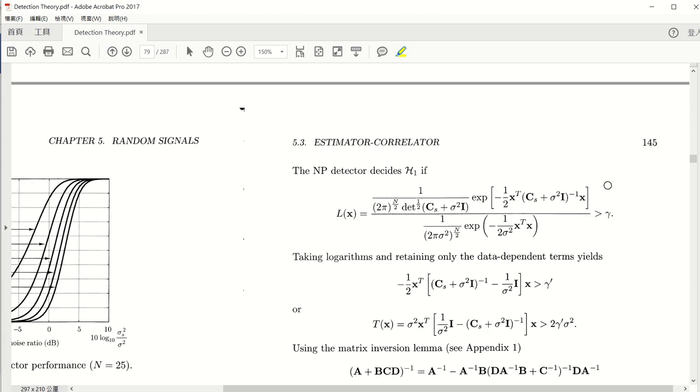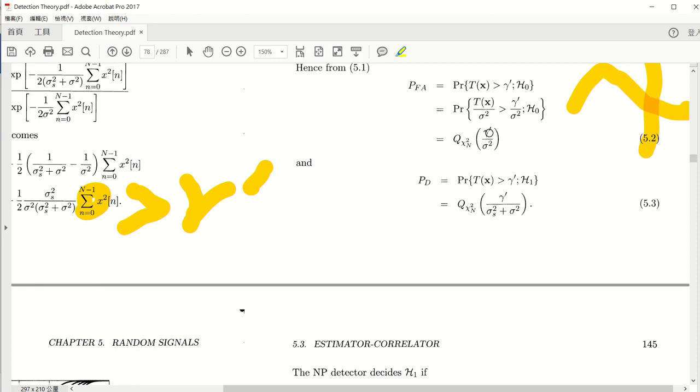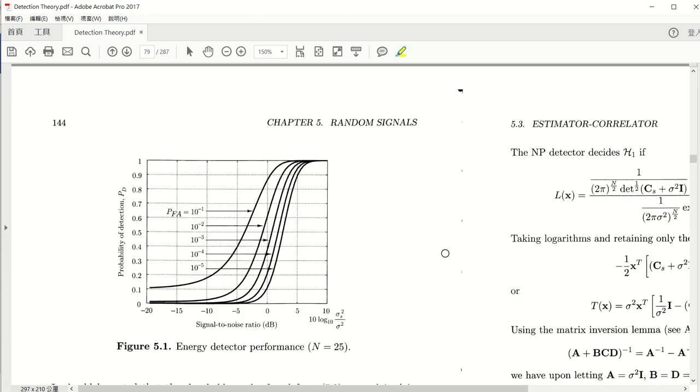If you think of this, when gamma prime is set, for example you set it to 1, then PFA is known already. So once PFA is known, you have PD as a function of sigma s square and sigma square. As a result, you will be able to plot PD for a given PFA.